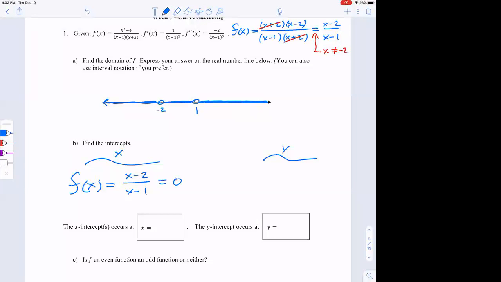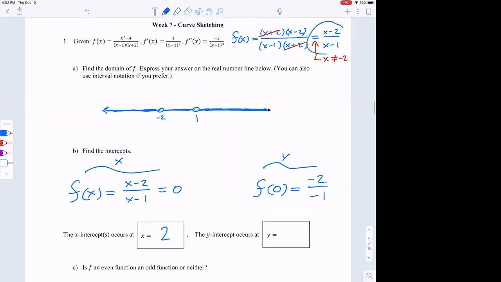We want to know when all of that is equal to 0. So that would happen when the numerator gives me 0, which is x equals 2. And then we also want to plug in x equal to 0 and see what happens for a y-intercept. So we would get minus 2 on the top and minus 1 on the bottom when we plug it into this simpler form that I came up with. So that would give me 2.